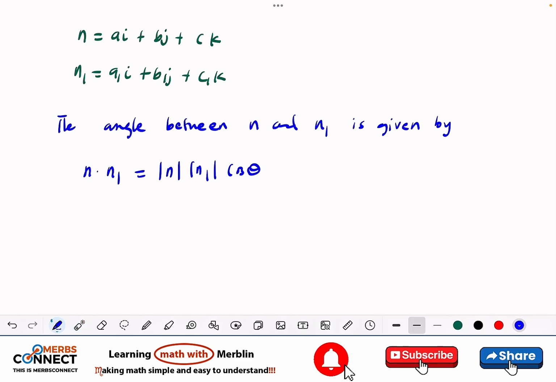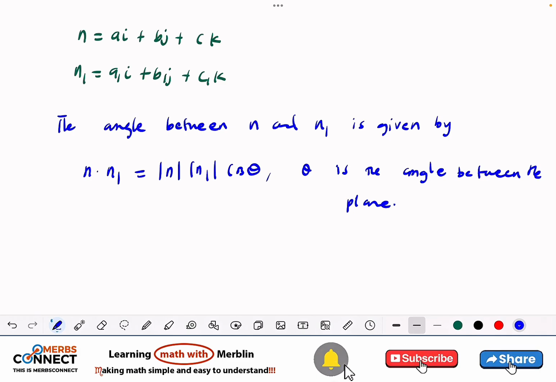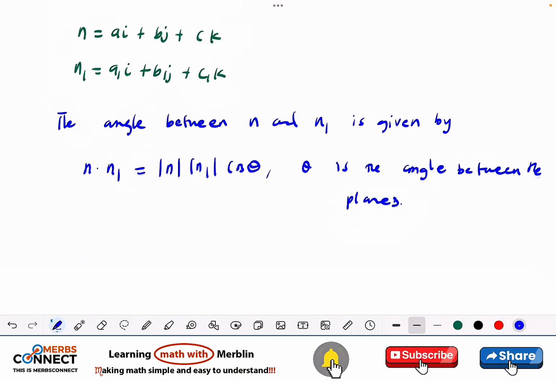Now here, remember, theta is the angle between the planes, not the vectors. Yes. So that's what you need to know here.